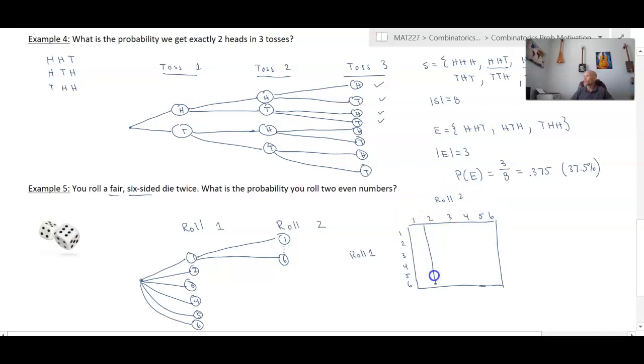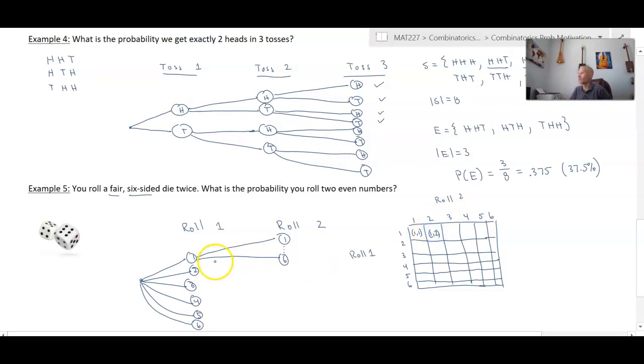And every single intersection of a row and a column indicates the combination of outcomes for roll 1 and roll 2. Okay, so there we go. And so, for example, in this cell right here, we get a 1 and a 1 for both of those 2 die rolls. Here we get a 1 for die roll 1, a 2 for die roll 2.